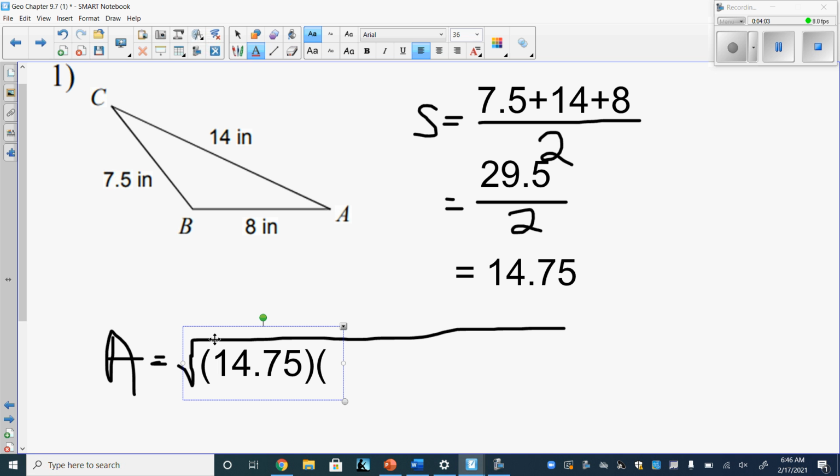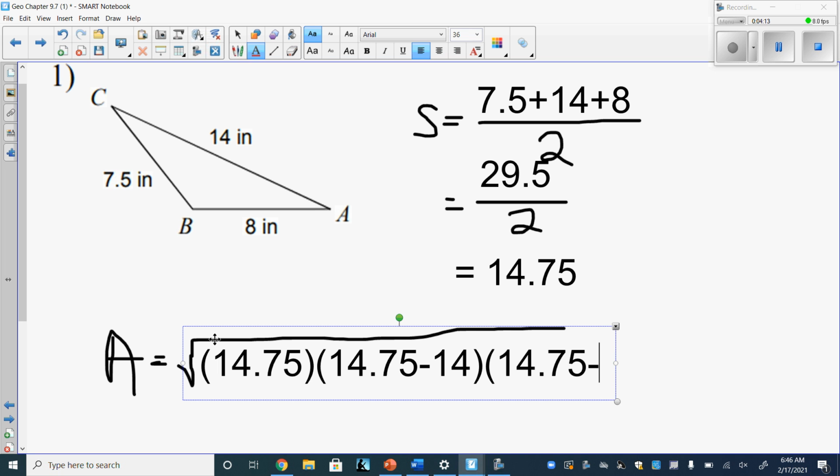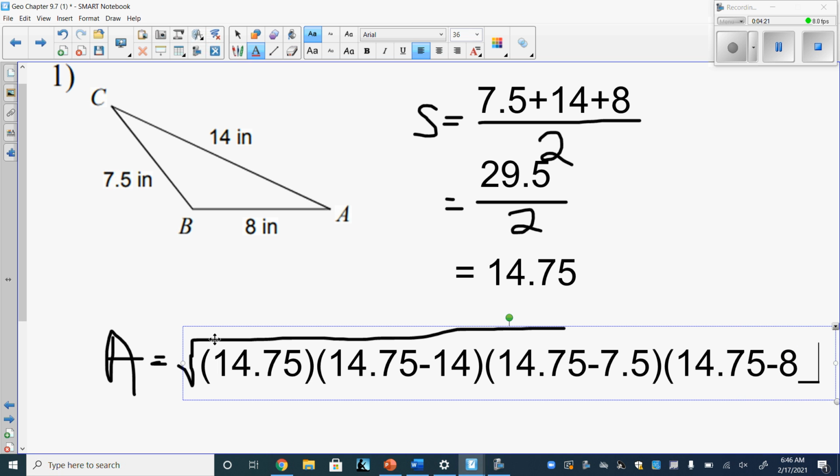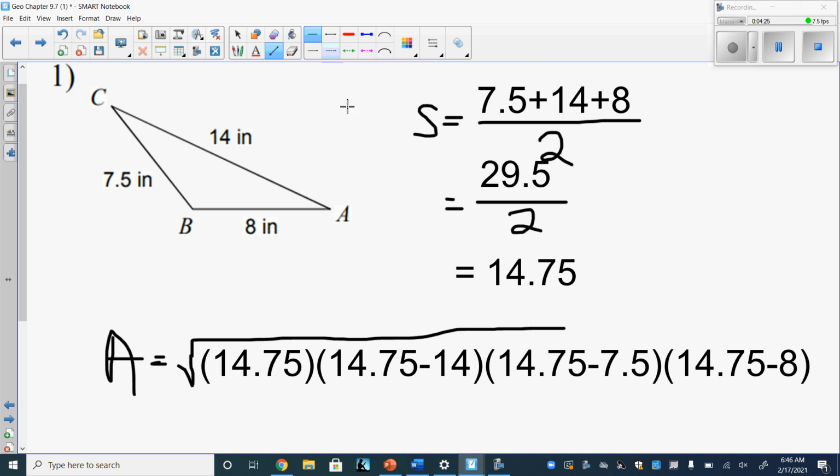Now we take that S value, 14.75, and subtract it from one of the side lengths. It doesn't matter which one we do first. We can do 14 because we're going to end up doing all of them, minus 14.75, minus 7.5, 14.75 minus 8. And we're taking the square root of all of these.